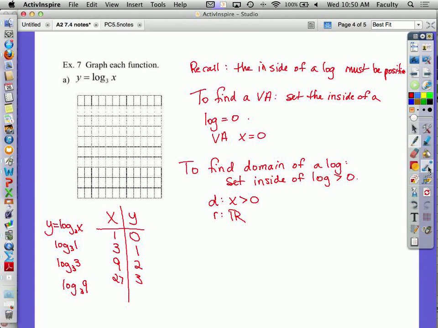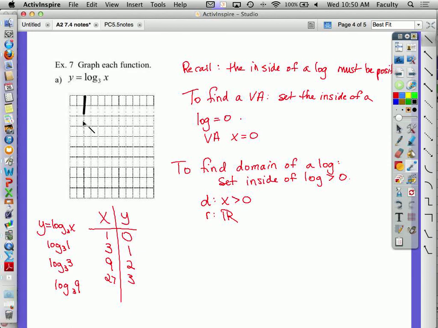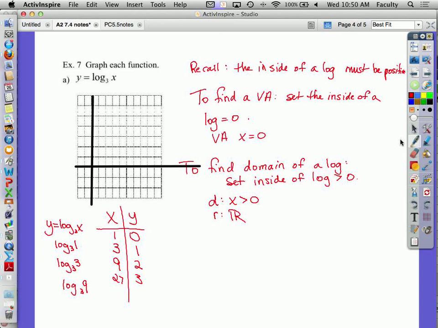Now you have to be careful with this graph and the table that we're using. I don't see any negative y values, but there are negative y values.